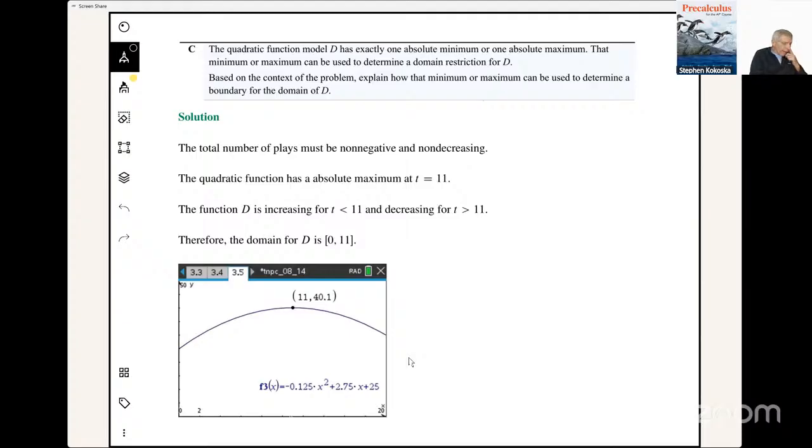So I found the maximum of that function D, and I did it graphically. I did it on a calculator screen. There's a graph of that function D in kind of a nice window. And I found that the maximum occurs at t equal to 11, and the maximum is 40.1.